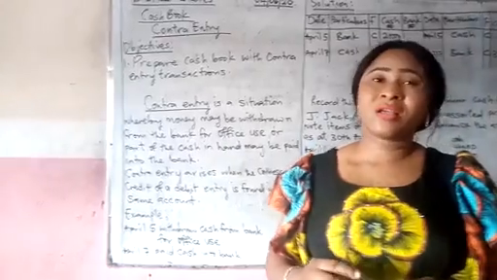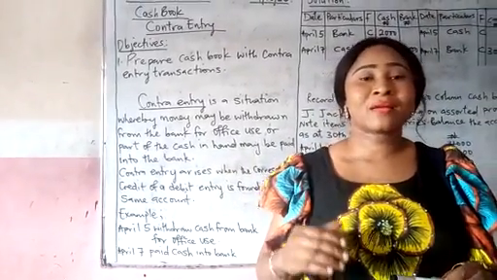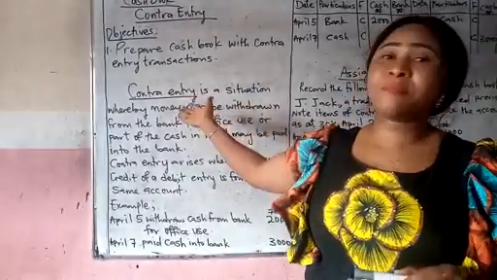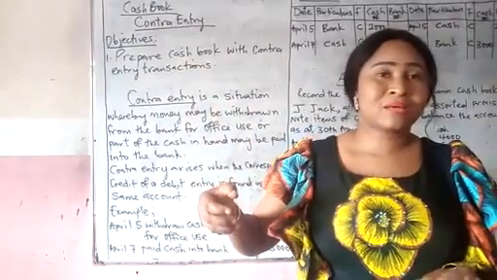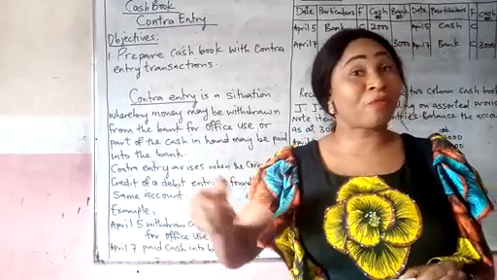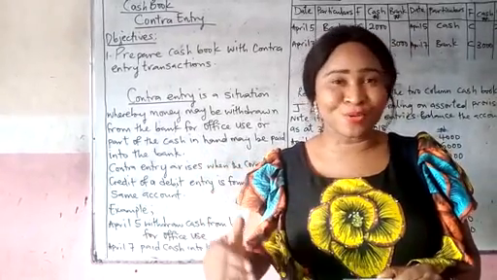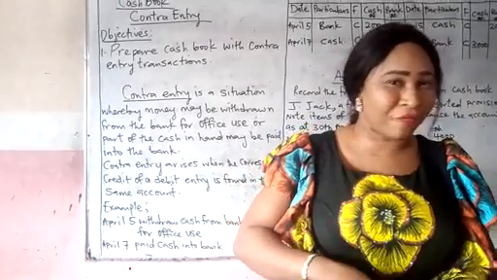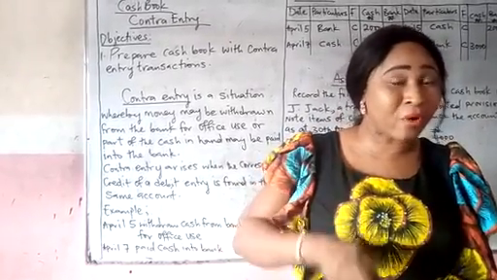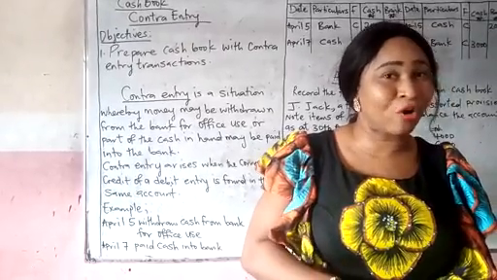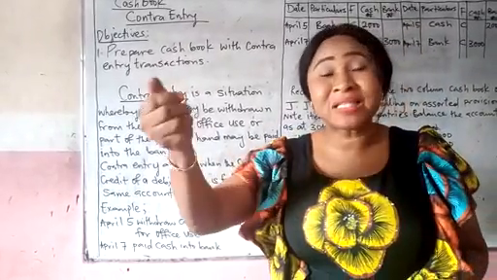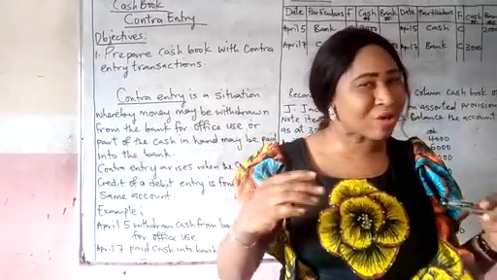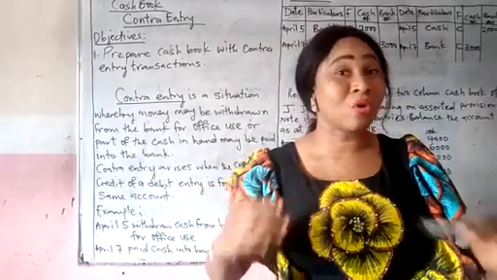Contra entry is a situation whereby money may be withdrawn from bank for office use, or part of the money in hand in the office may be paid into the bank by the business owner. This transaction is done by the business owner.